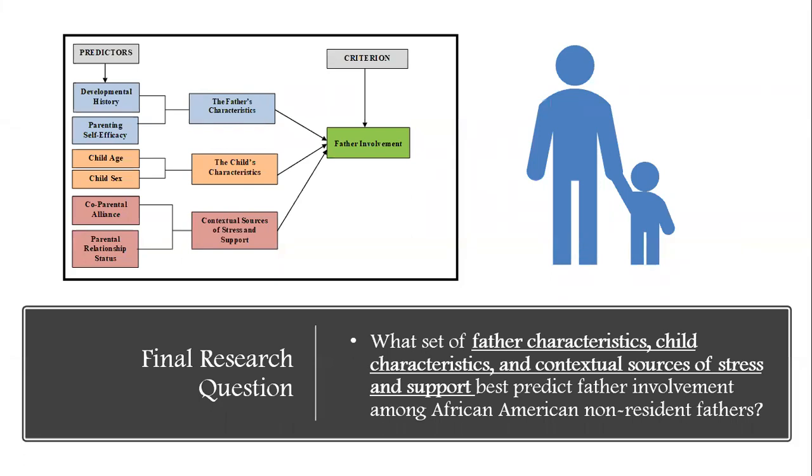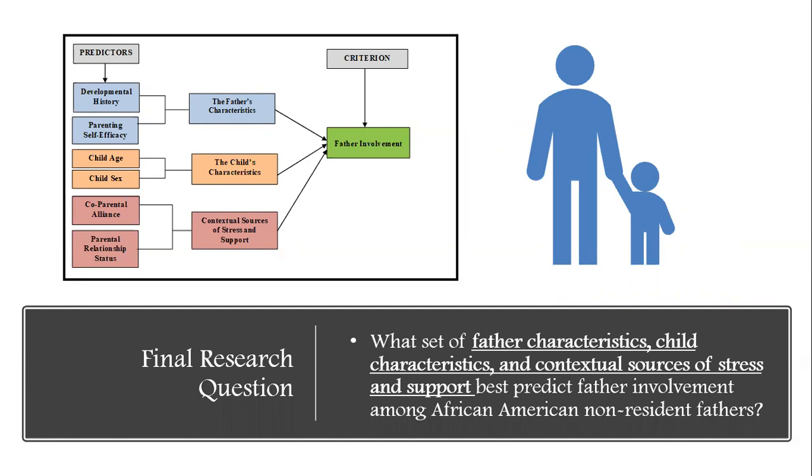The original theoretical model also looked at the parents' characteristics in general. In the original model, there was not a lot of focus on or distinction between the parenting of mothers versus the parenting of fathers.